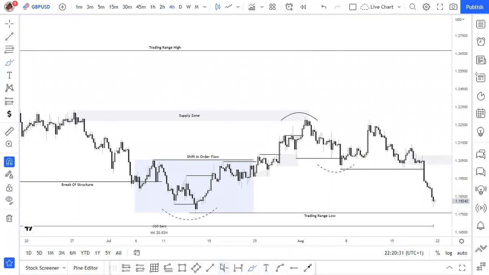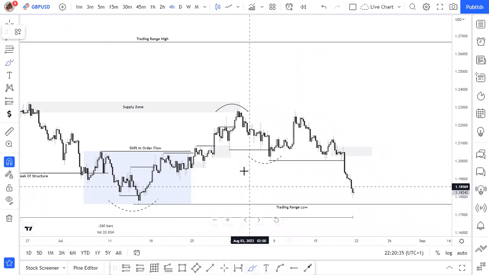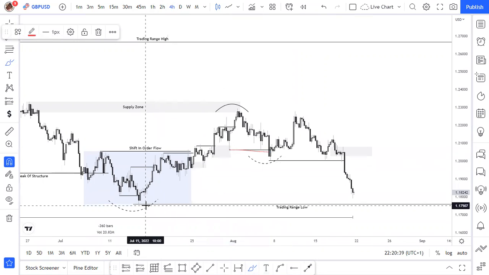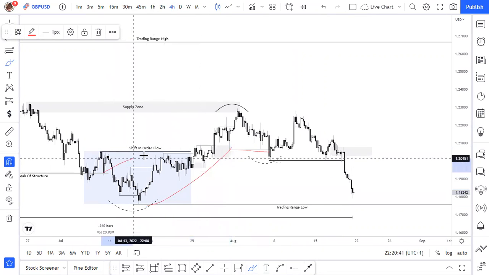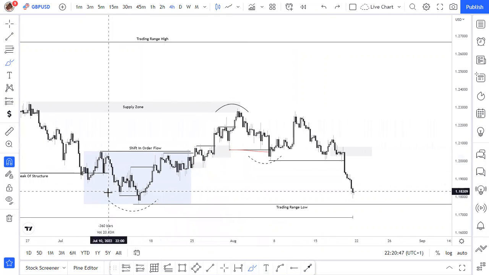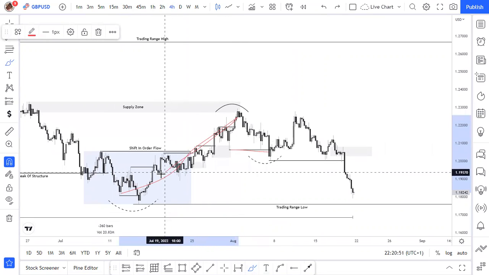we see that we have a break of structure here, because this pullback on the 4 hour is like a single pullback on the daily time frame. This single push right here is a single pullback on the daily time frame.